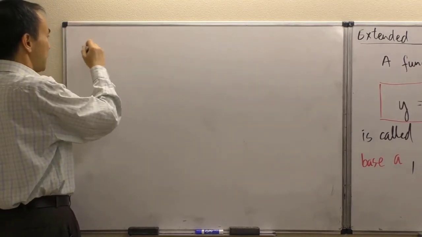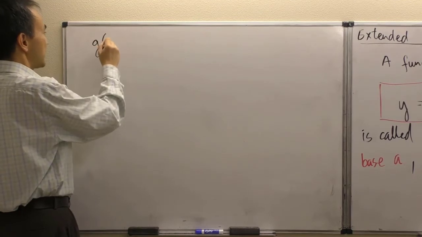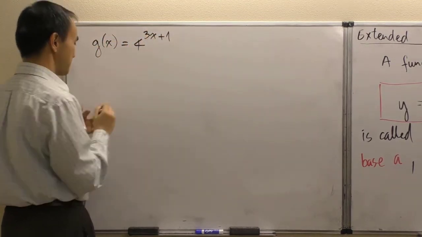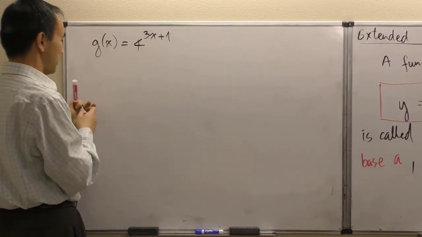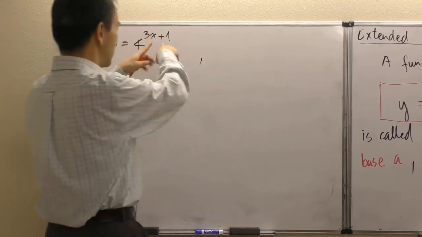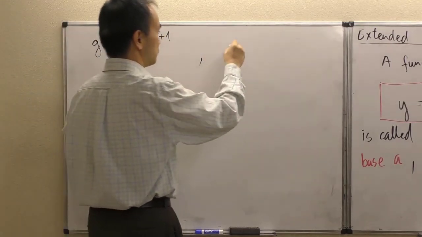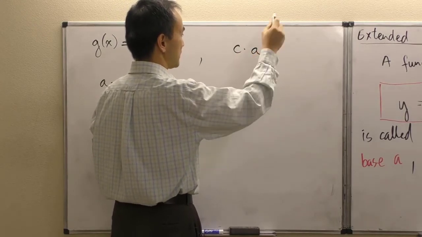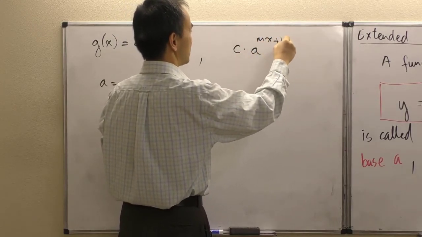So g of x equals 4 to the 3x plus 1. Obviously the a value is 4, if we align this with the given form: c times a constant base raised to mx plus b, plus a k.